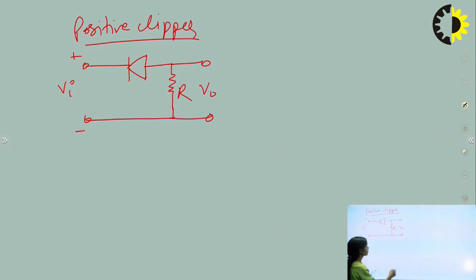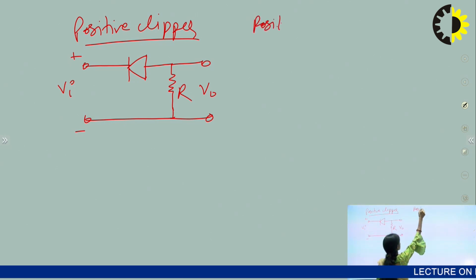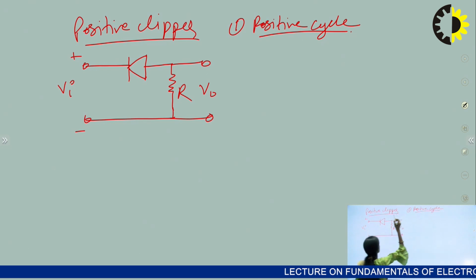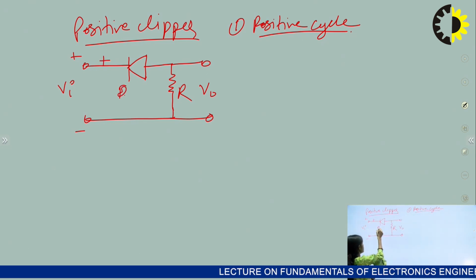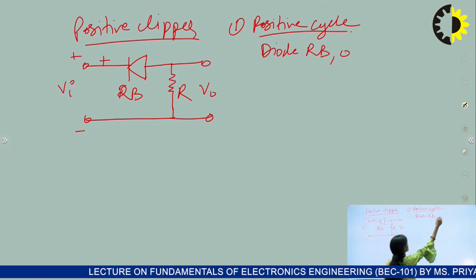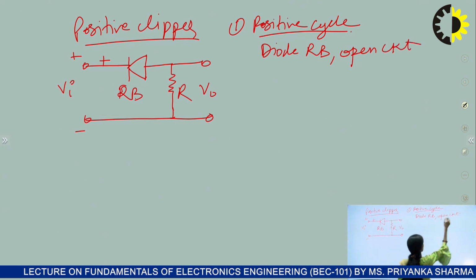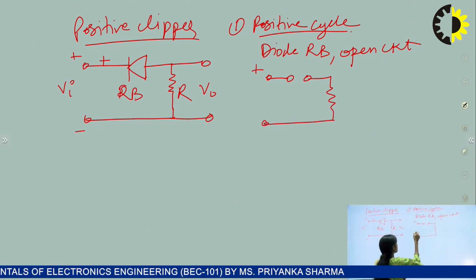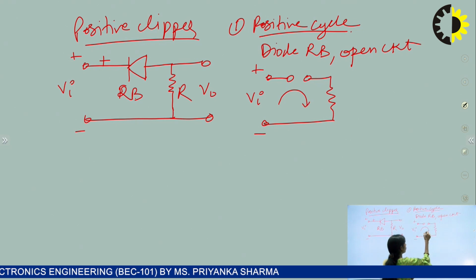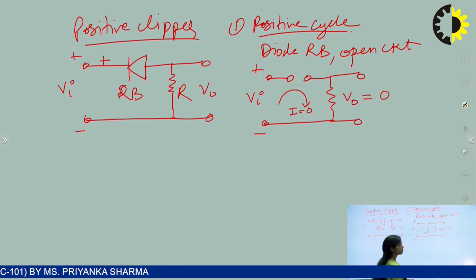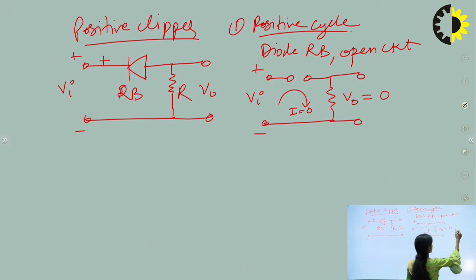Taking the positive cycle first, the diode will be reverse biased and act as an open circuit, so the circuit will look like this. There will be no current flowing through the diode and the output obtained here will be 0, so no cycle comes out for the positive cycle.